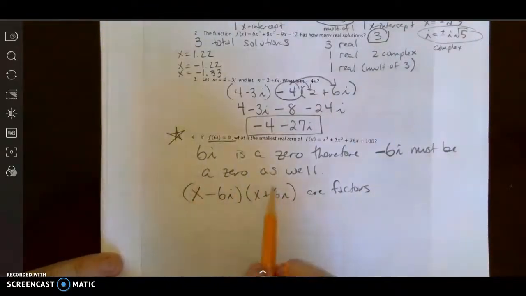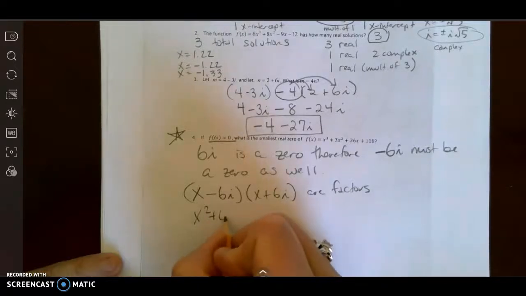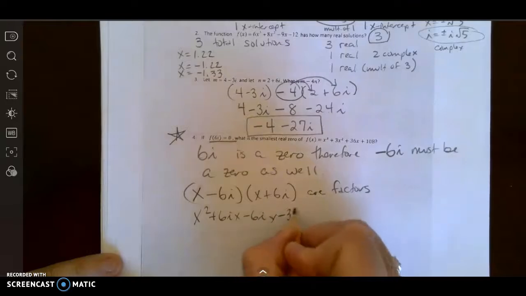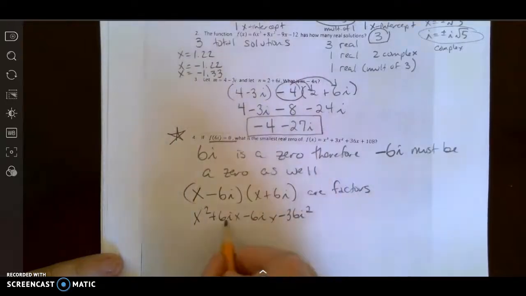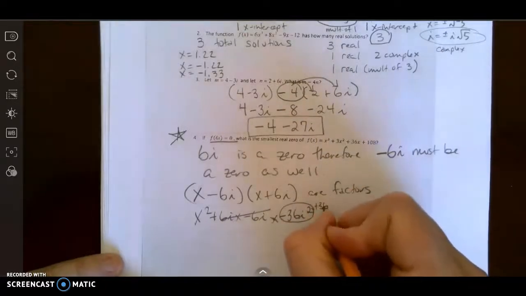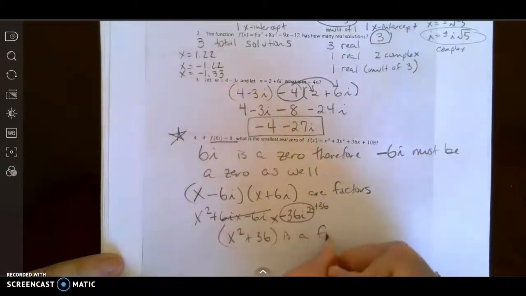So I'm going to FOIL this: x squared plus 6ix minus 6ix minus 36i squared. These cancel, and this right here becomes plus 36. So x squared plus 36 is a factor.